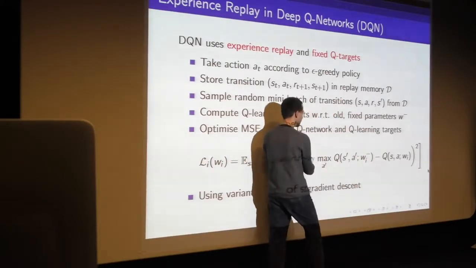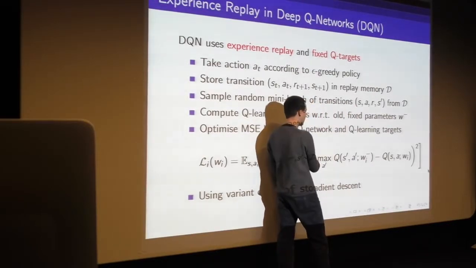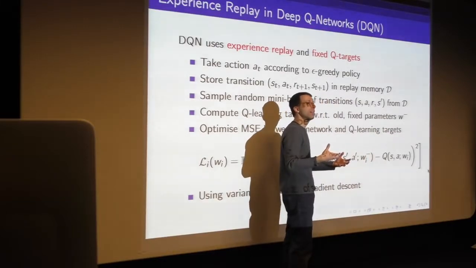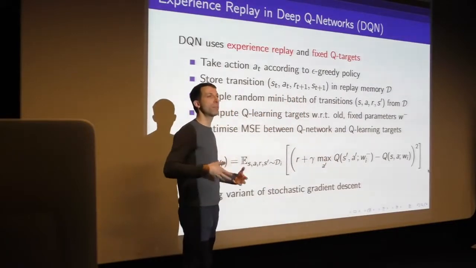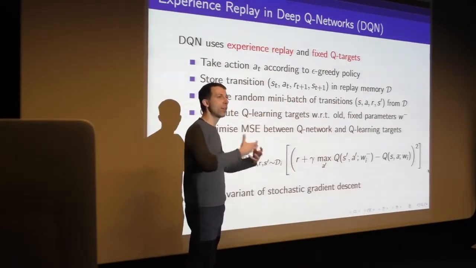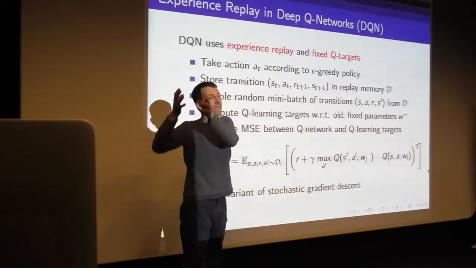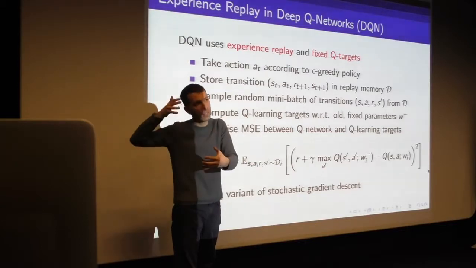The old parameters are going to be used to generate our target values. So the thing that we substitute for the oracle makes use of some old parameters. We don't use our freshest, most recent parameters in the target that we're plugging in place of the oracle. We use some fixed old values. And the reason is that we want to fix this because it gives us a more stable update.